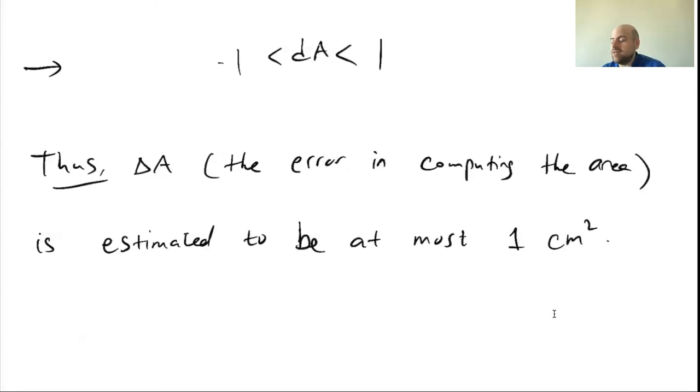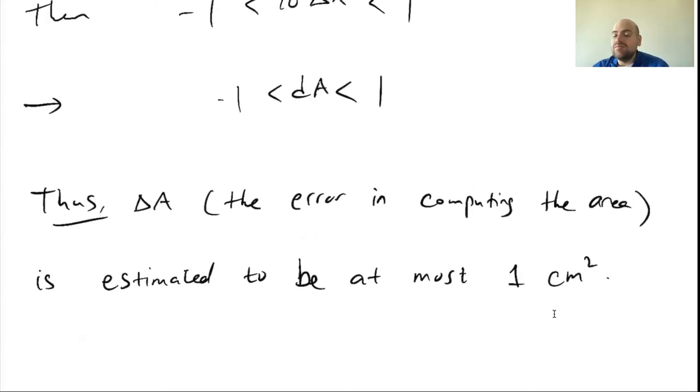So we calculated the range for dA between minus 1 to 1, but dA is an approximation for delta A, which is the error in approximating the area. So the estimation for delta A is at most 1 centimeter squared.